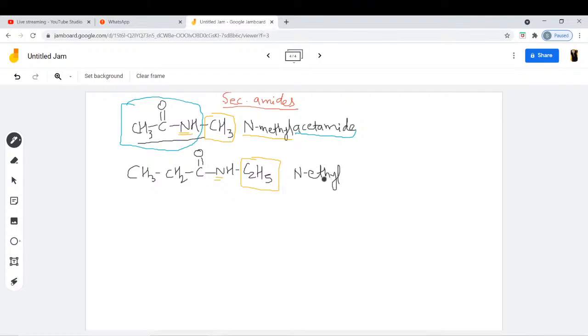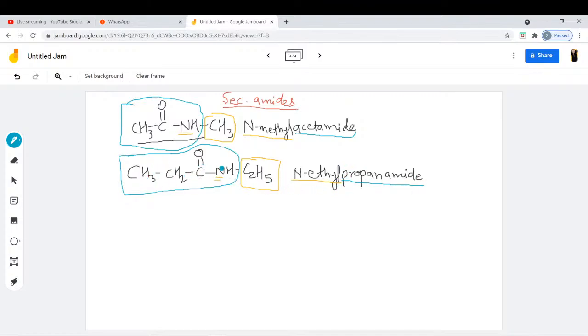N-ethyl, then 1, 2, 3, 3 carbons, so which amide? 3 carbons means propane, propanamide. You can see the N-ethyl, and the remaining structure is nothing but the 3 carbons, so that's why it is a propanamide.